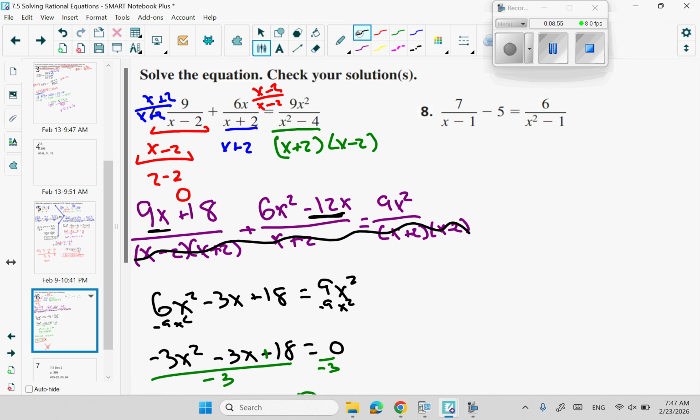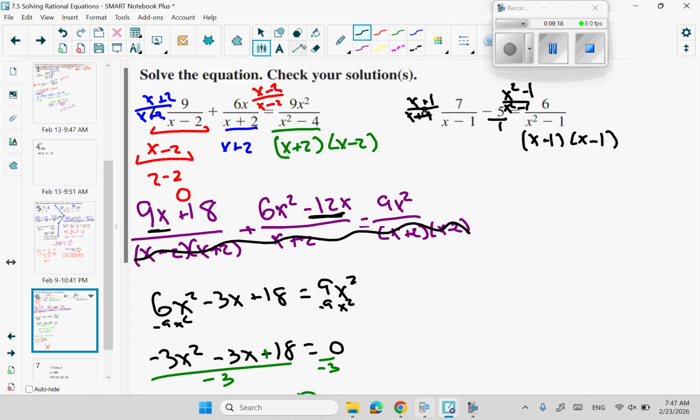Okay. Over here, this would be over 1. This can be broken down as x plus 1, x minus 1. So this first one, I would need x plus 1 over x plus 1. This would need both, so x squared minus 1 over x squared minus 1. And this one doesn't need anything.